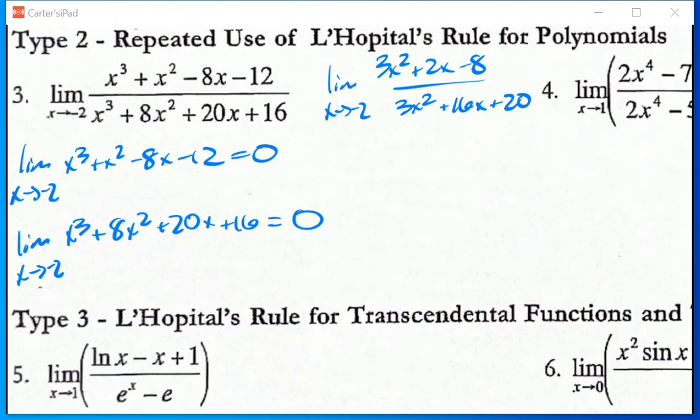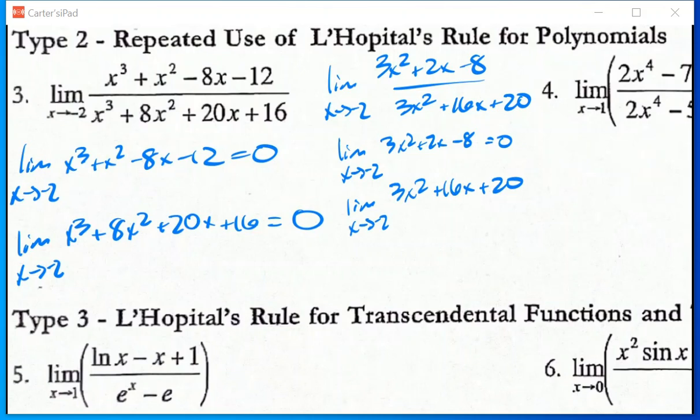So we can use L'Hopital's rule as many times in a row as we need to. Because imagine that this was your original function. If that's the original problem and you got 0 over 0, you'd use L'Hopital's rule in that. So we just do it again. We have to say the limit of the top equals 0, the limit of the bottom equals 0, and then we just do the derivative again.